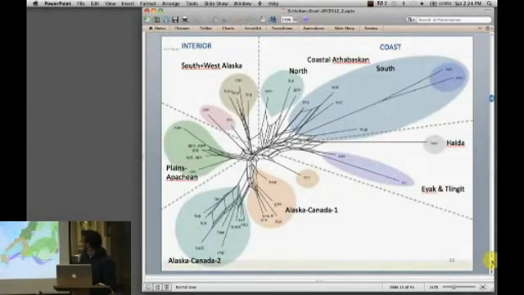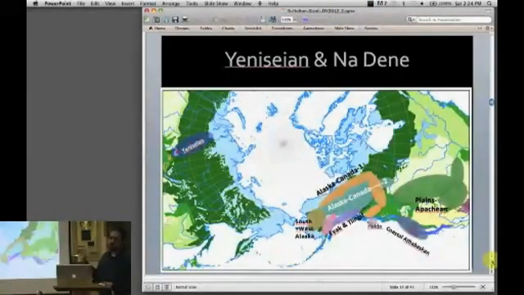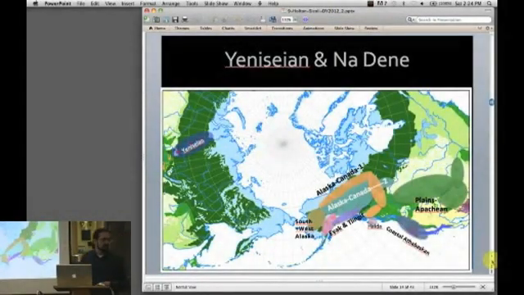So I've taken the shading from the previous slide and plotted them geographically on this map. You can see we have the coastal series here: coastal Athabascan, Eyak, Tlingit, and then Yeniseian, which was grouped within that half of the graph. Haida's sitting out by itself, of course.